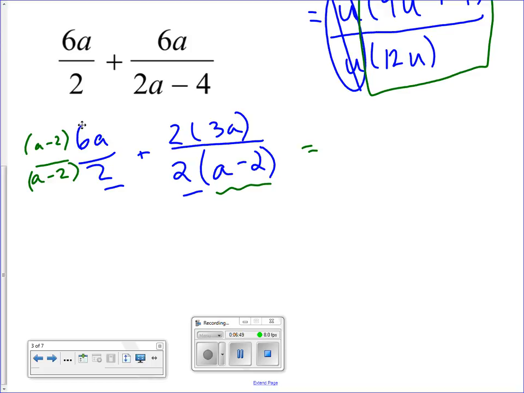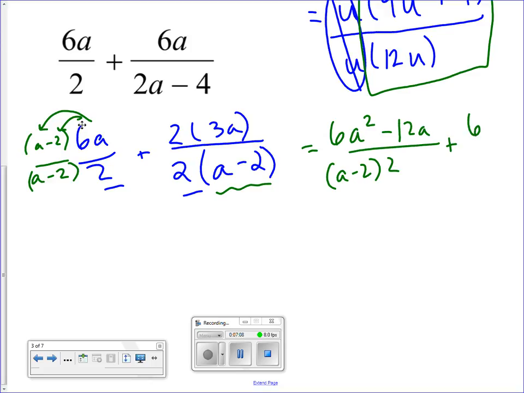Now I have to distribute here. That gives me 6a squared minus 12a all over a minus 2 times 2, plus 6a all over 2 times a minus 2. Those denominators are the same because the order of multiplication does not matter.